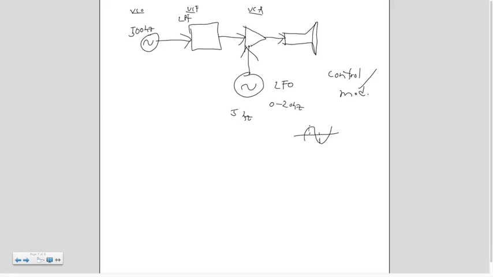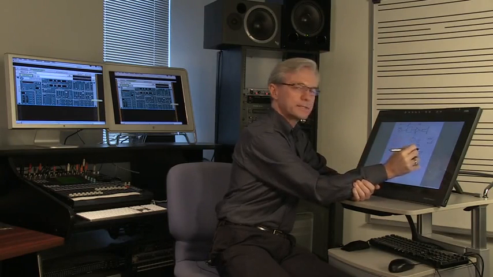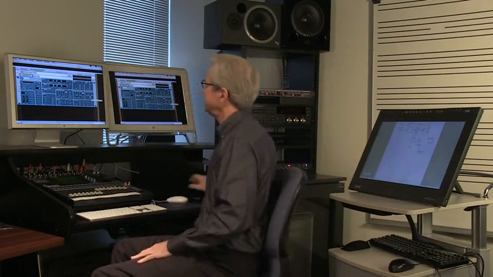So this pattern of increase and decrease will apply itself to whatever module it's being plugged into, in this case the amplifier. What we would hear is the amplifier getting louder and softer at the rate of this low frequency oscillator. And because this is a sine wave, it'll be a smooth flow of increase and decrease. So let's hear what that sounds like.